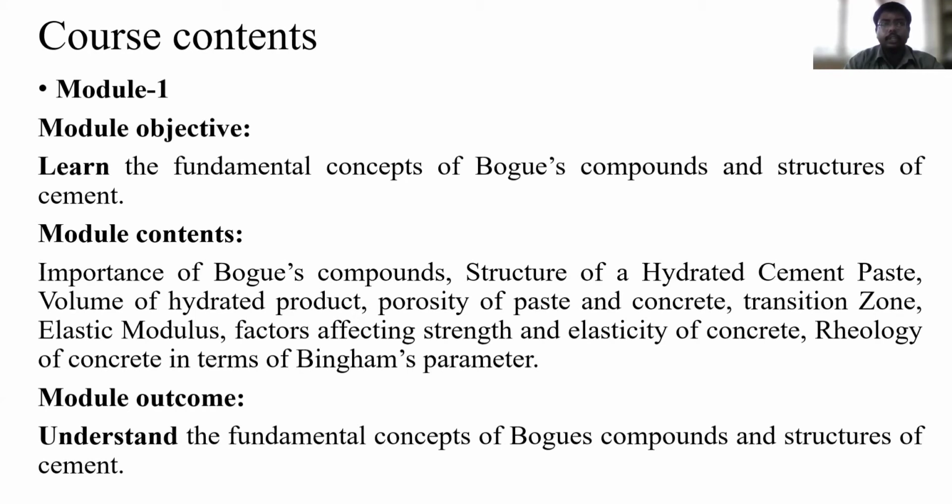One of the major ingredients of concrete is cement, which is acting as a binding material. After the heat of hydration, we can have the Bogue's compounds. Major 4 Bogue's compounds are formed. We need to study the Bogue's compounds in detail because they play a major role in the behavior of concrete.